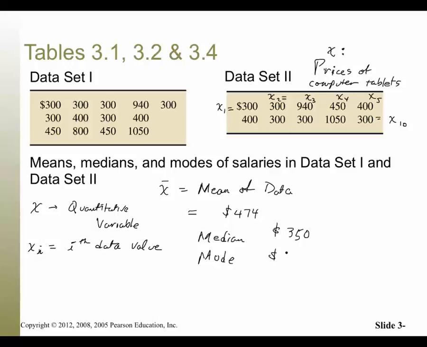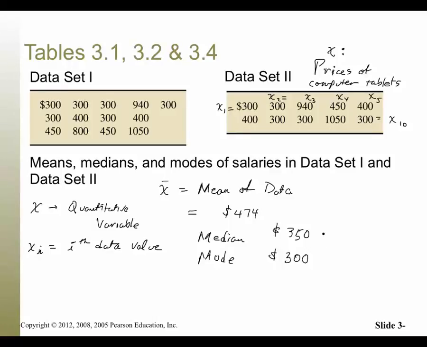Okay, so now this is a really important point. Which is the best one for looking at the measure of center of this data set? Would you say the mean, the median, or the mode? What's the best indicator of the price of a computer tablet? Which of these three? Okay, maybe the median.